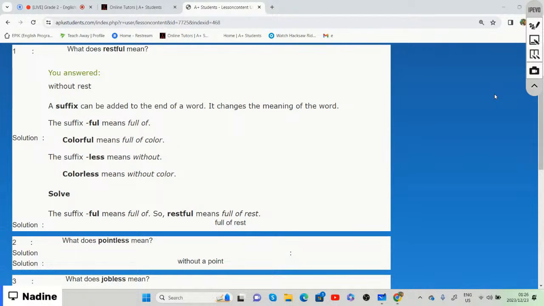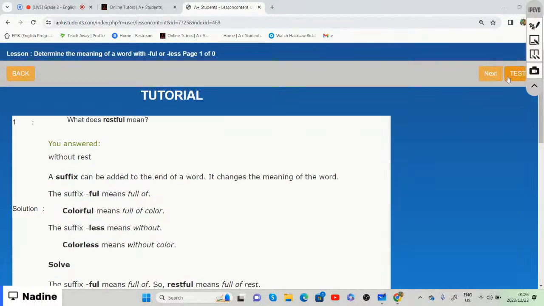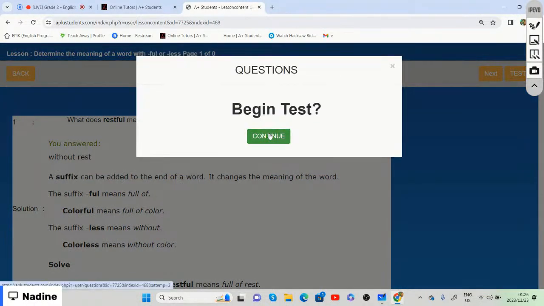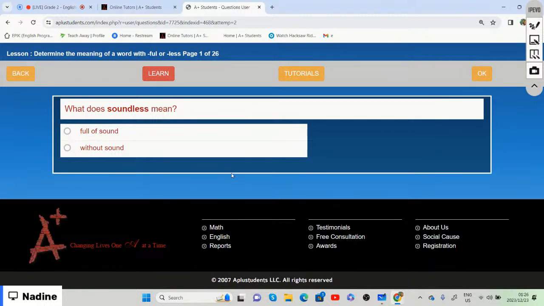And once again, knowing the meaning of the suffix will help you understand the meaning of a certain word, especially when it's added to the base word. All right, so now we're going to our test, where we're going to determine the meaning of the word with full or less.